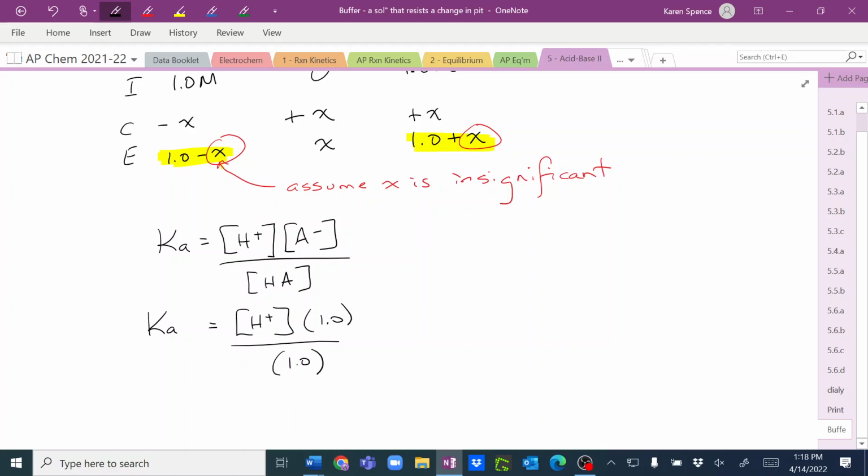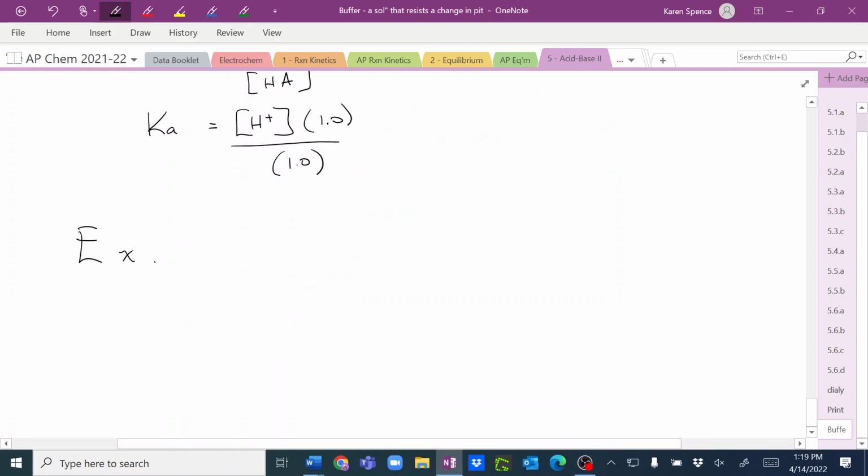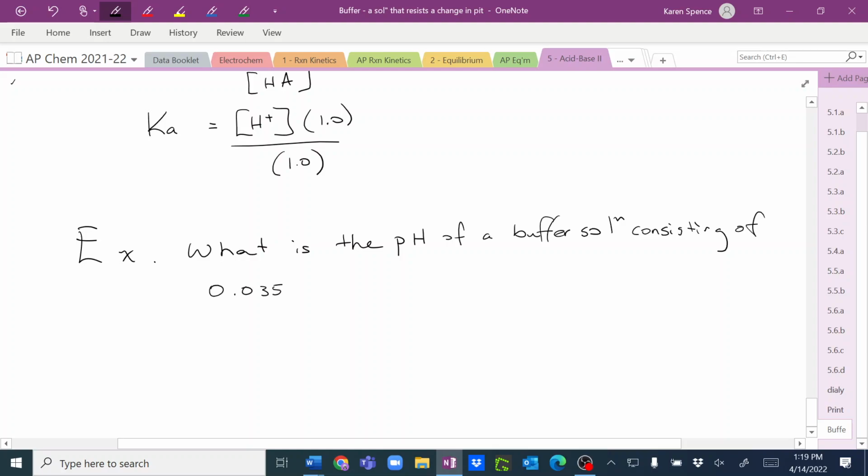Let's try one. What is the pH of a buffer solution consisting of 0.0350 molar NH3 and 0.0500 molar NH4 plus?